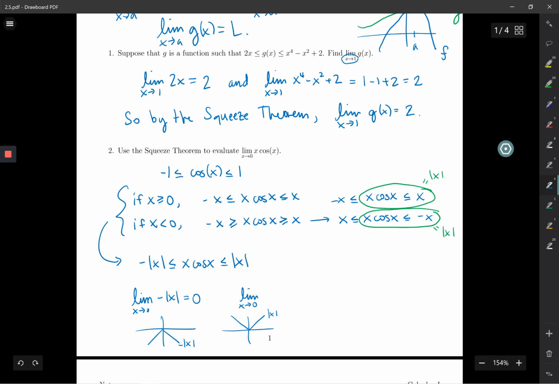Okay, so the same thing goes here. We can say that the limit as x goes to 0 of absolute value of x is equal to 0, right? So what we get is that this function x cosine x is going to be squeezed to approach 0 at that point. If we wanted to draw the function, I don't know exactly what x cosine x looks like without using a graphing calculator, but I know that it will have to pass through this point.